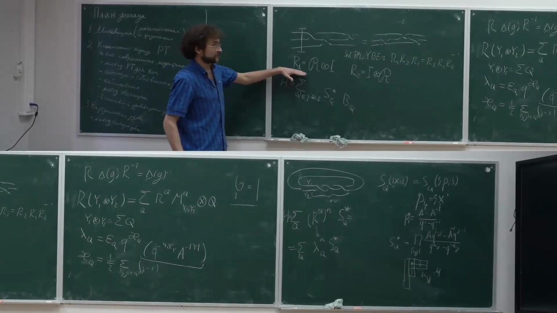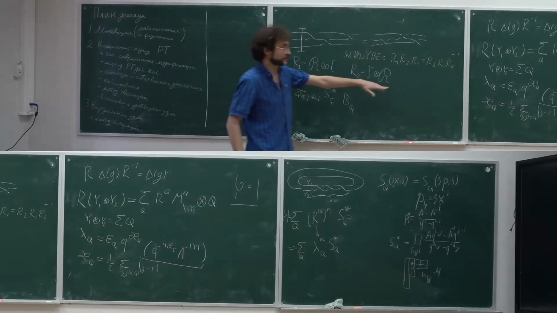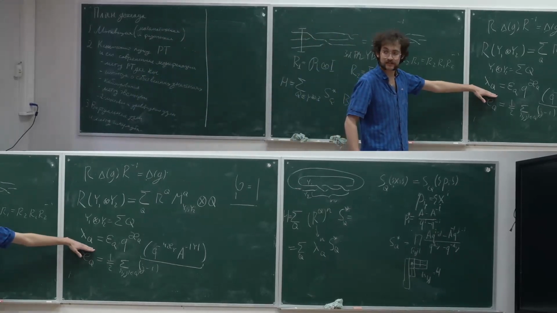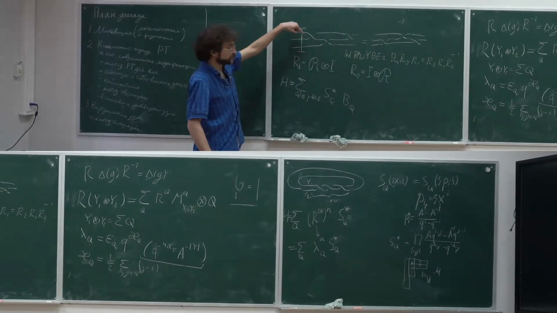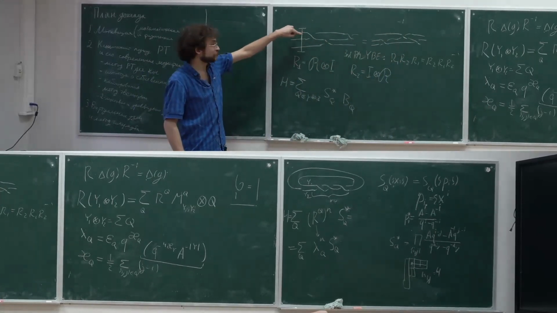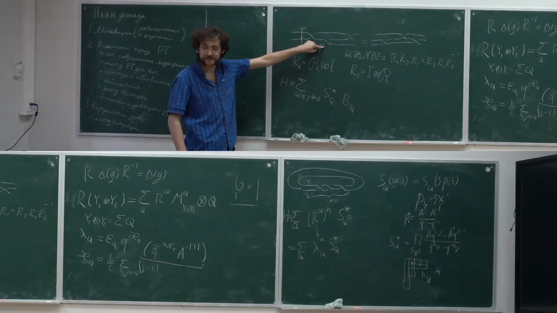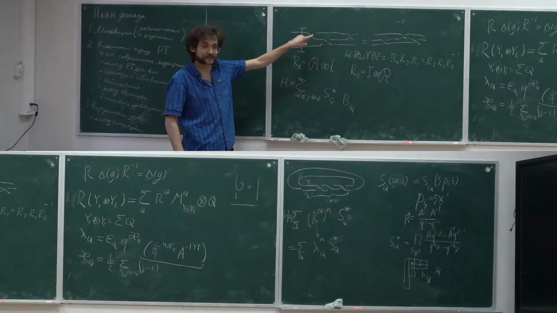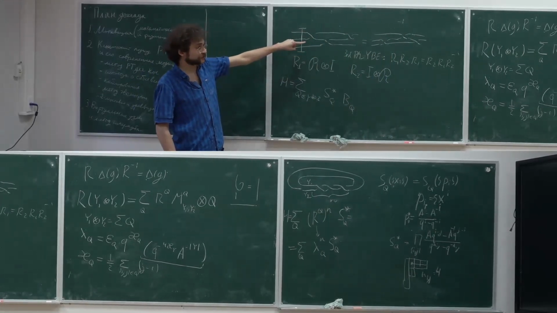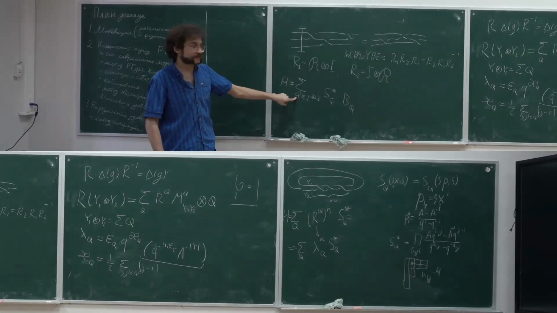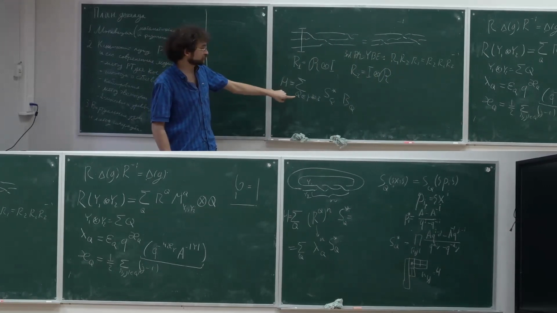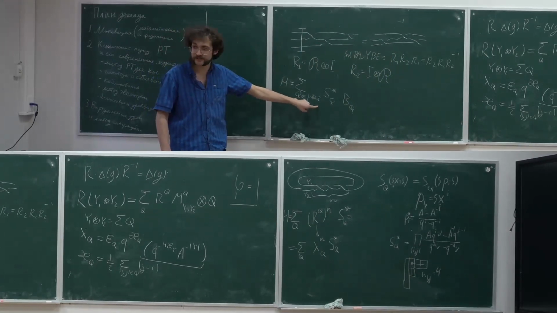So basically, I know how the diagonal R matrix looks like because I know its eigenvalues. But it is not always when I can diagonalize both this R matrix and this one. Sometimes I can, but sometimes I can't. Basically, I can do this when this representation Q shows only one time in the tensor cube of initial representation.